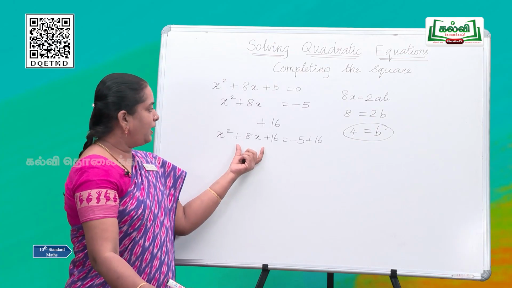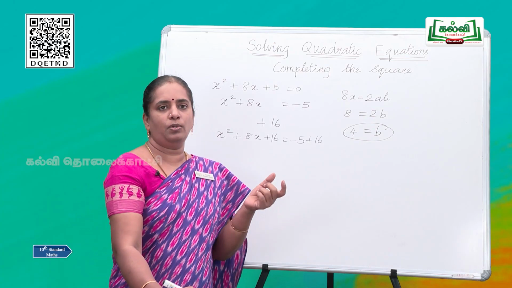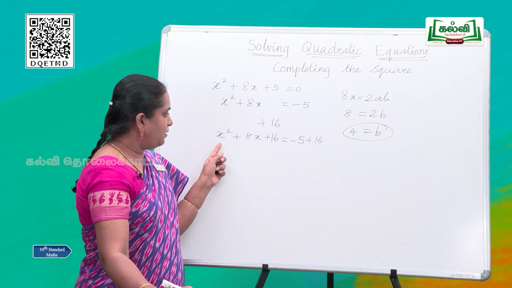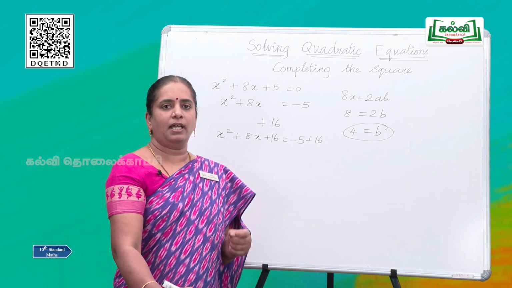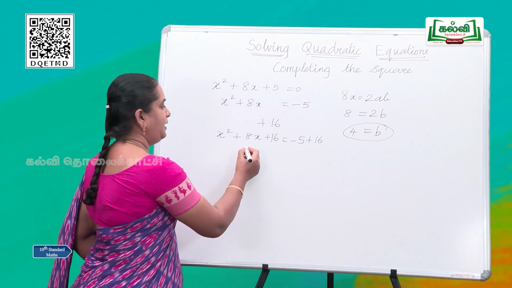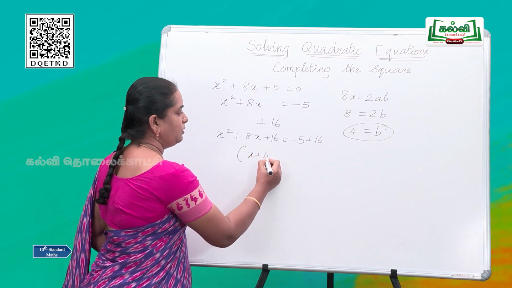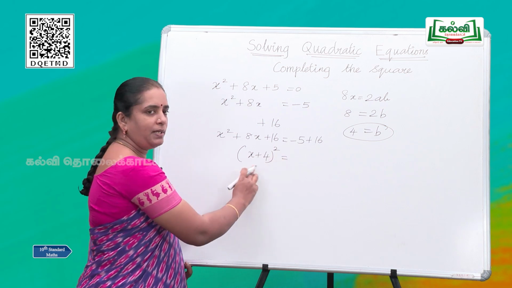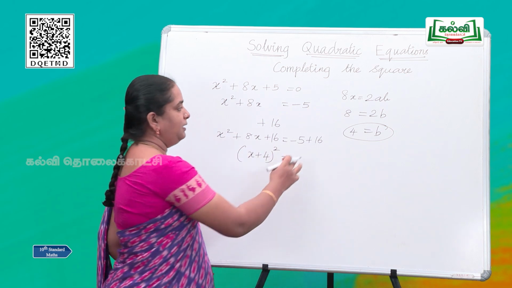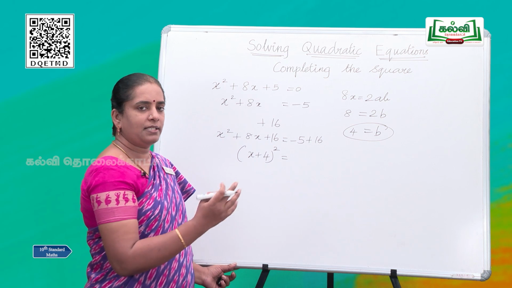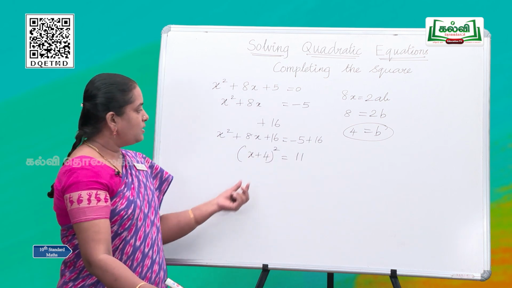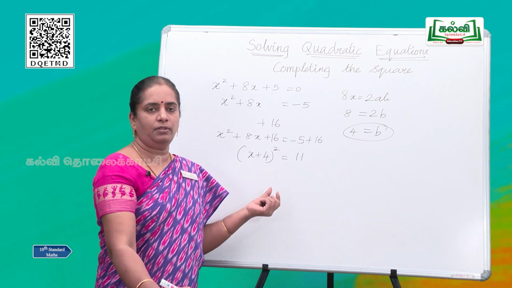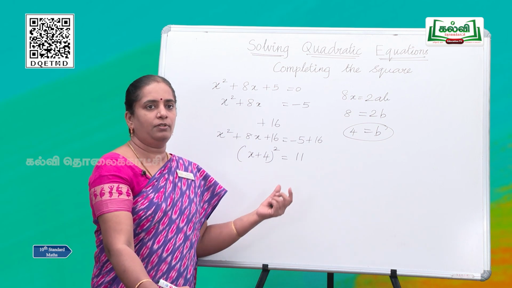In the next step, we can write the left side as a whole square. Here this is a square plus 2ab plus b square, where a is x and b is 4. So, we can write it as x plus 4 the whole square, a plus b the whole square, and here we have the answer as 16 minus 5, which is yes 11. So, taking square root and solving, we take the square root on both sides.